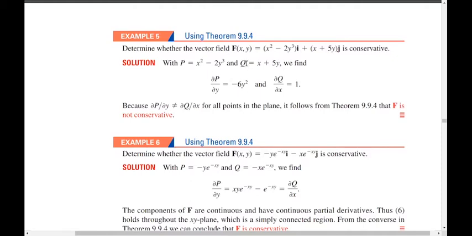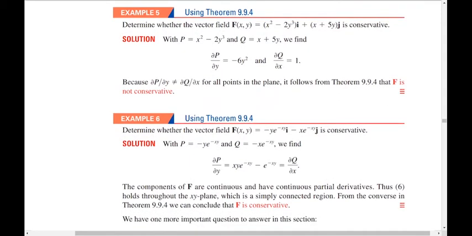And what will be ∂Q/∂x? We partially differentiate Q with respect to x, keeping y as a constant. So this will become 0 and the derivative of x is 1. So ∂Q/∂x is 1. Here ∂P/∂y is not equal to ∂Q/∂x for all points in the plane. So from the previous theorem we can conclude that F is not conservative.